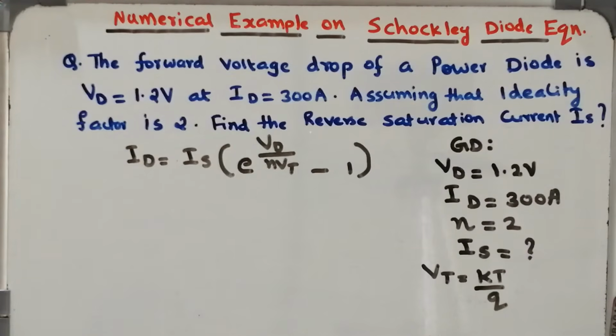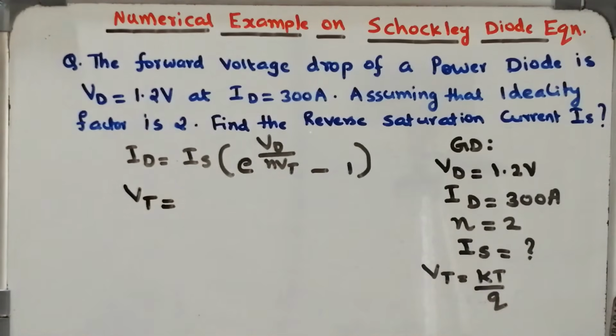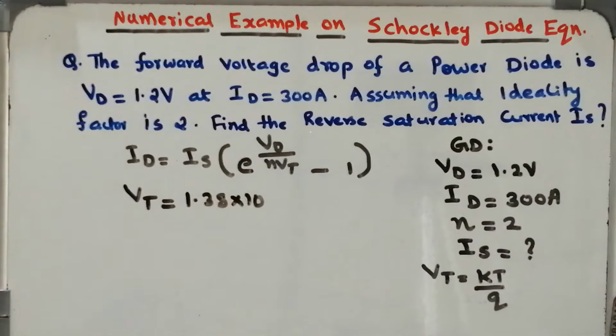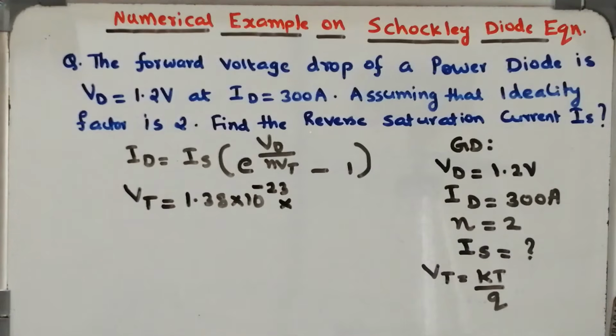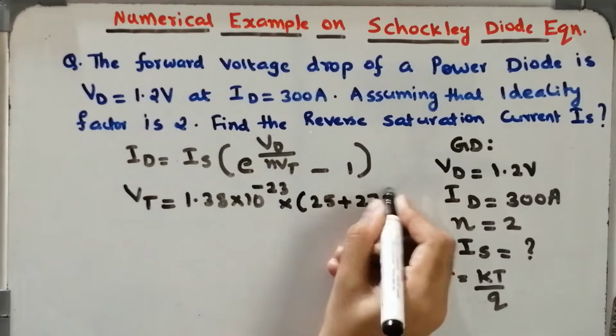Let us calculate Vt first. K is nothing but the Boltzmann constant, that is equal to 1.38 into 10 to the power minus 23 joule per Kelvin. And T means temperature. Assuming that temperature is equal to 25 degrees Celsius, convert it into Kelvin: 25 plus 273.